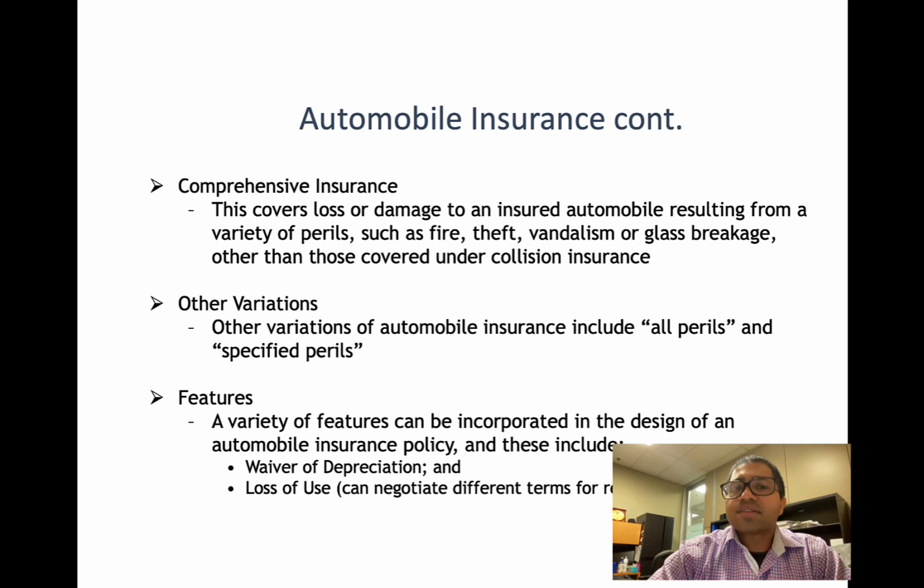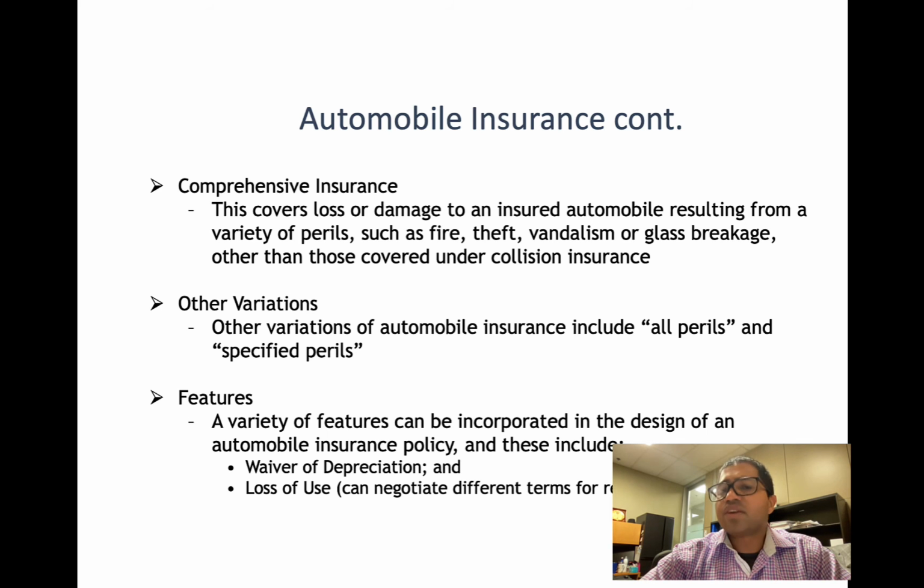Other variations of automobile insurance include all perils and specified perils. So you can get an insurance policy with all perils, which means anything that happens, they cover you except exclusions mentioned in an all peril policy. Or there are specified peril policies in which only the specific things that are mentioned in the insurance contract get covered.